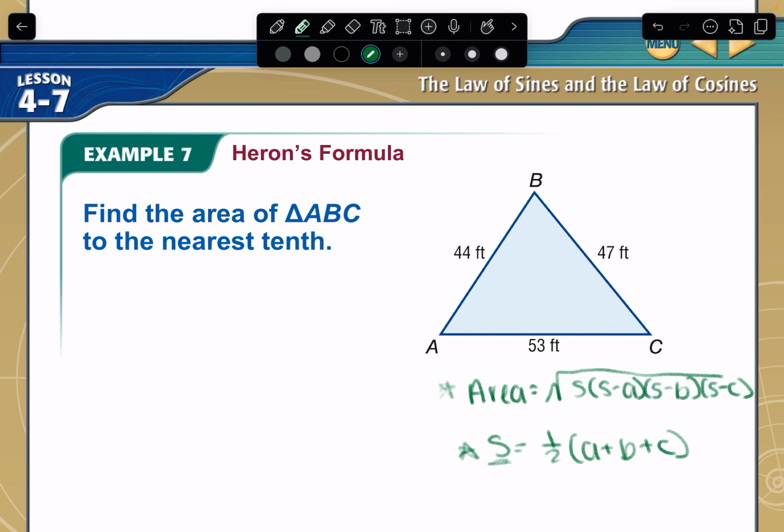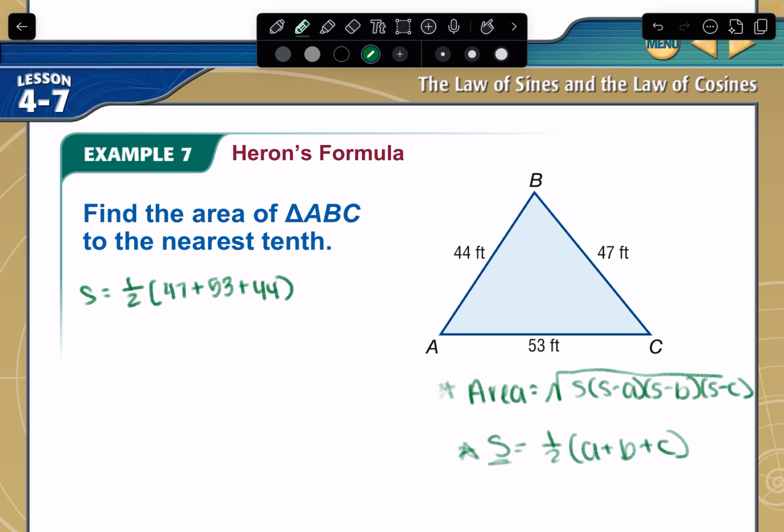So to find S, I would have 1/2 times A, which is 47, plus B, which is 53, plus C, which is 44. So again, something you can just plug into your calculator as one whole thing, or you can do it in multiple steps.